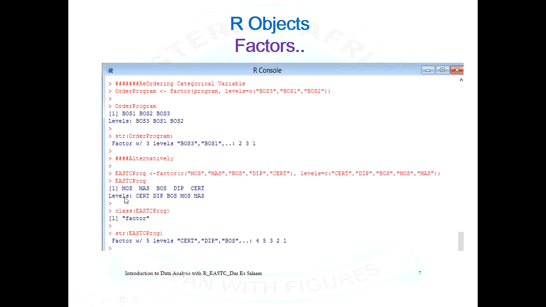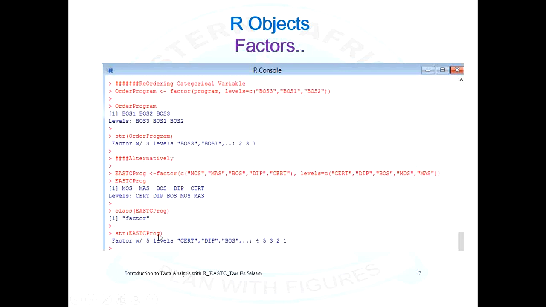But with the levels, it gives you the ordering of the categories, meaning that certificate is assigned a value 1, diploma is assigned a value 2, boss is assigned a value 3, most value 4, and mass number 5. If you call the class, it tells you that this is a factor.